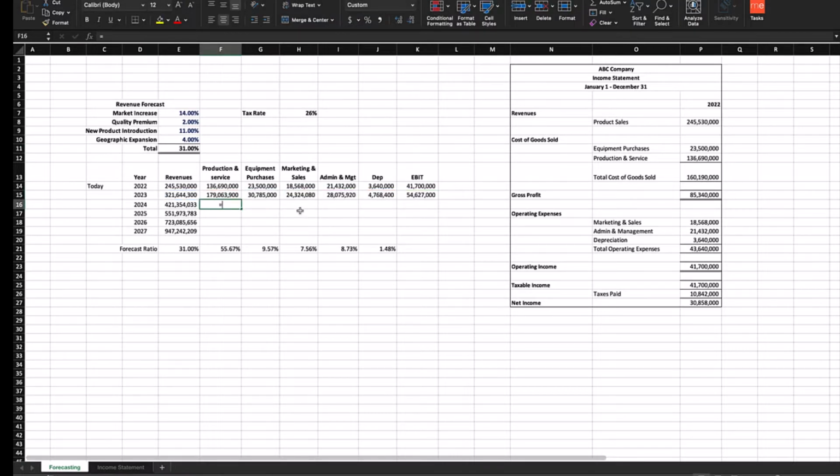And then we can do this exact same thing. So essentially what is happening here is we are taking the revenue times the growth, the forecast ratio, and we're getting a value based on the revenue growth.